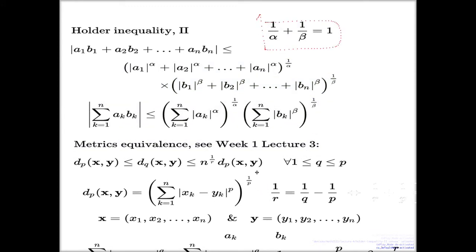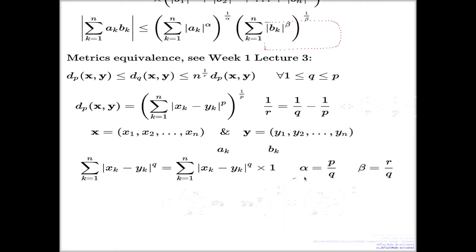You can easily check that. Look at this alpha and this beta. This relation is equivalent to this relation, right? If you take this q across the enumerators here, it will be 1 on alpha plus 1 on beta, and it will be 1.